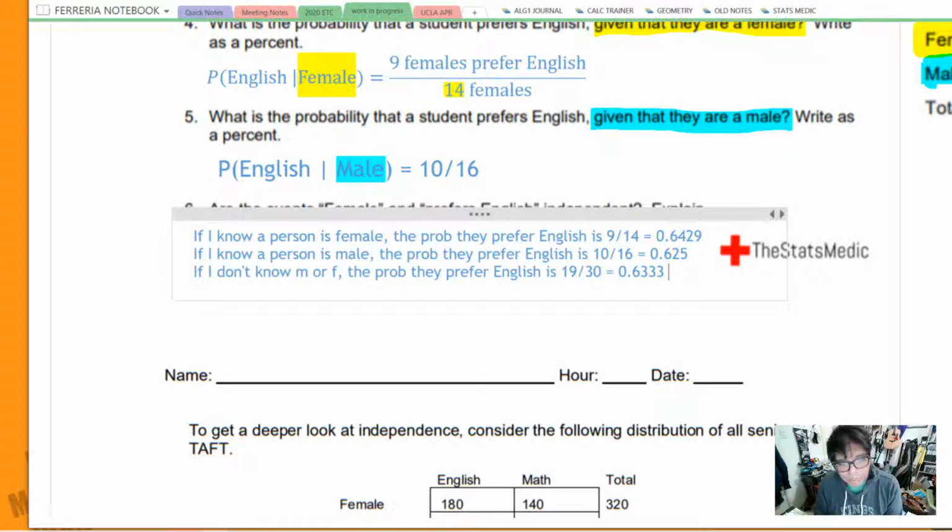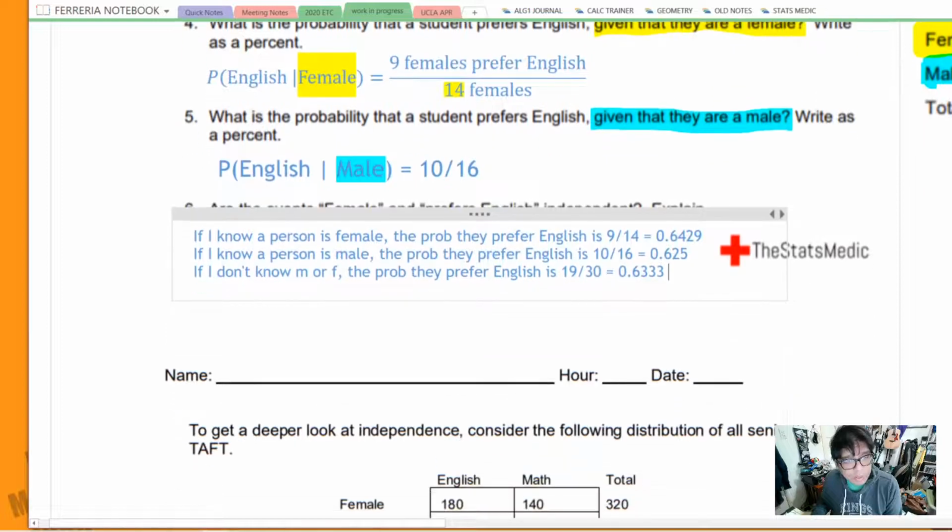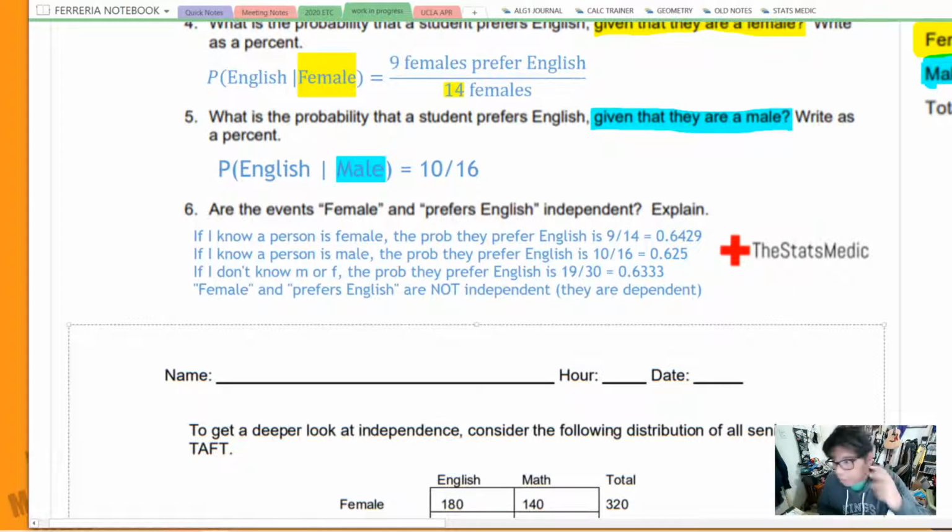So in other words, if I know that someone is female, there's a slightly higher probability that they prefer English. So knowing whether someone is female means that the probability of the other event, preferring English, is different. So that means female and prefers English are not independent, which you can also describe as saying that they are dependent.